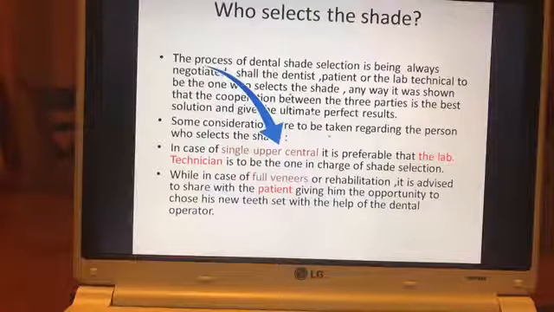If you are dealing with a single upper central incisor, this is the most critical tooth. If you are doing a direct composite in an upper central incisor, the dentist is the one who will select the shade. If you are doing it in an indirect way, then the lab technician is the best one to select the shade, not you.